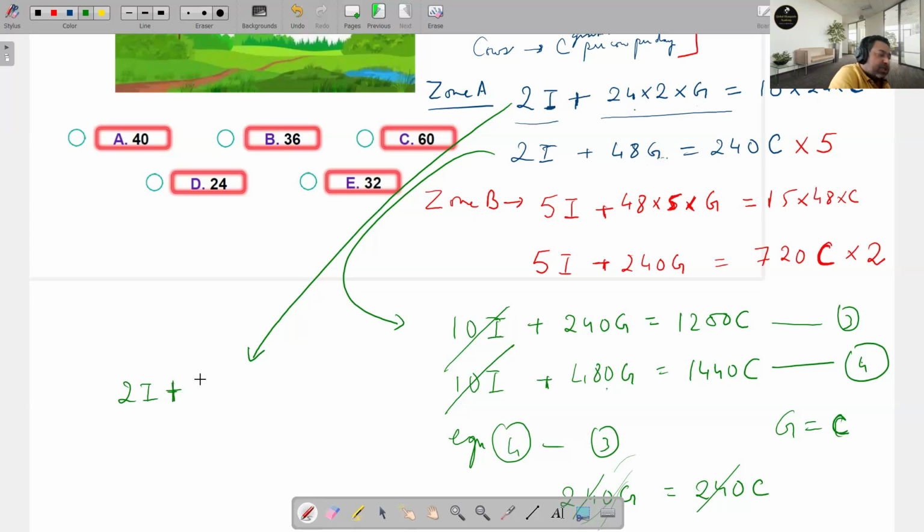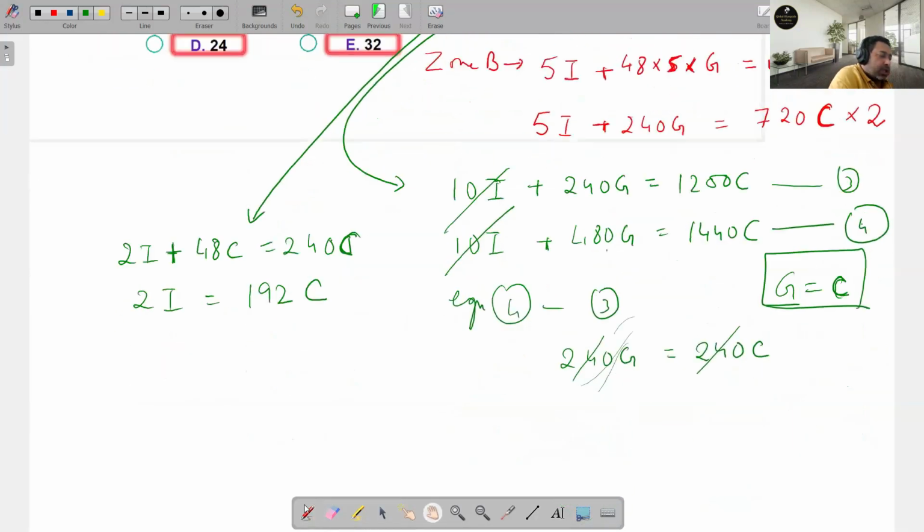Let's replace G by C, so we get 48C, because G is equal to C, is equal to 240C. So we have 2I is equal to 240 minus 48, that is going to be 192C. And that gives us that I is equal to 192C divided by 2, which gives us 96C.